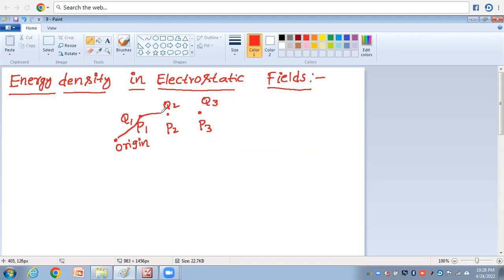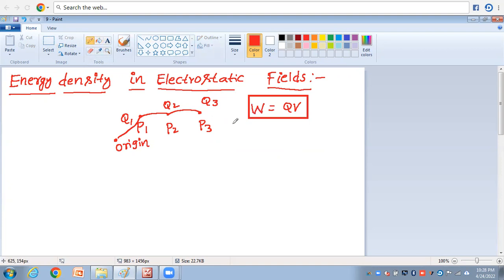Then Q3 next. What is the actual formula for work done? W equals QV. Last class I derived this expression. This is a very, very important expression.